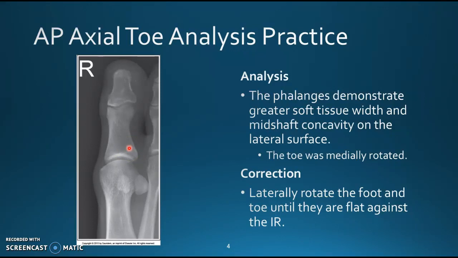For this particular rotation, the patient's foot was rotated medially because there's more concavity on this lateral side, or more towards the anterior surface of the foot, or the plantar surface of the foot. The correction is that you want to laterally or externally rotate the foot until the plantar surface of the foot is flat against the image receptor.